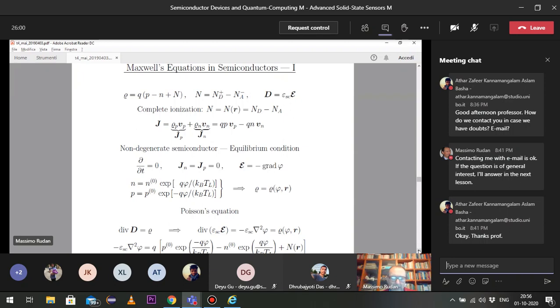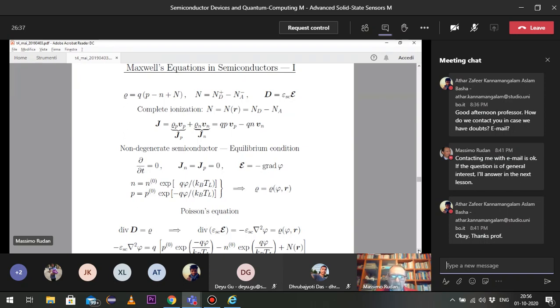So it is not correct anymore to use for the relation between D and E the permittivity of vacuum. We must use the permittivity of the semiconductor. This is why in the first relation, D is proportional to the electric field according to epsilon SC. Epsilon SC is the permittivity of the semiconductor.